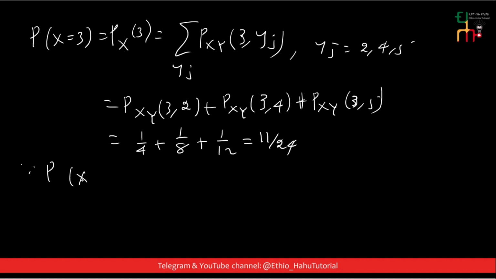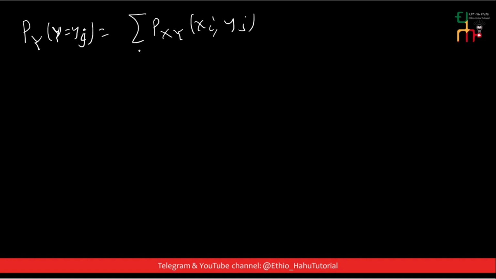Probability mass function of x is equal to 3 ማለት 11 24ኛ ይሆናል። አሁን ደግሞ ለy እንፈልጋለን ማለት ነው። ለy ደግሞ ስንፈልግ the marginal probability mass function of y is equal to yj ማለት ነው, the sum of the joint probability mass function of xi, yj over all xi's ማለት ነው። ስለዚህ the marginal probability mass function of y is equal to 2 ማለት ምን ማለት ነው?